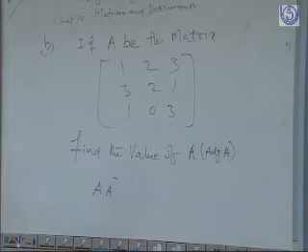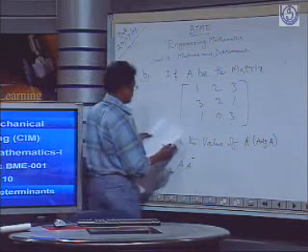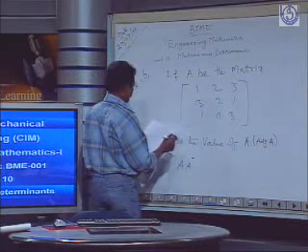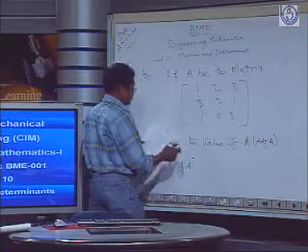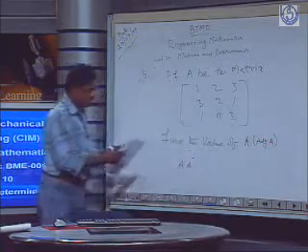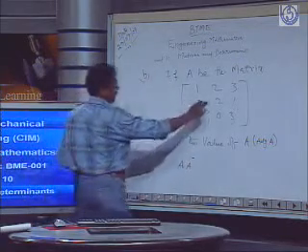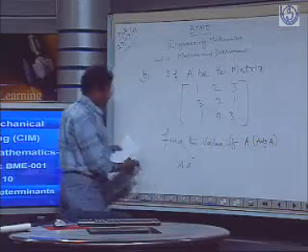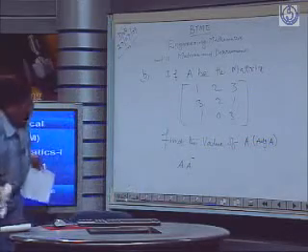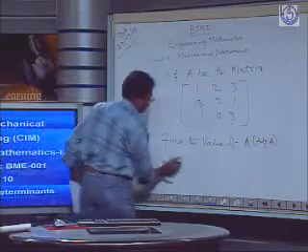To solve this problem, instead of totally multiplying A into adjoint A, it is solved in a simple way.